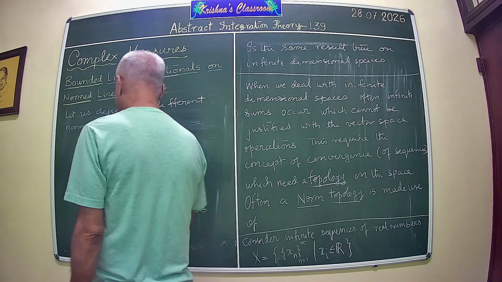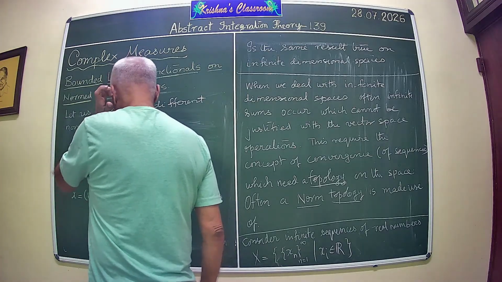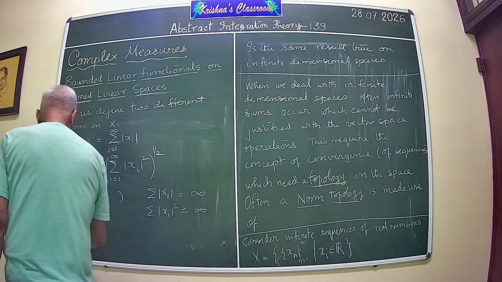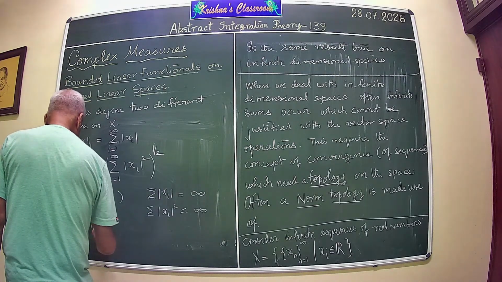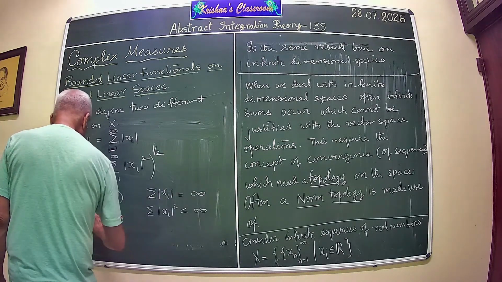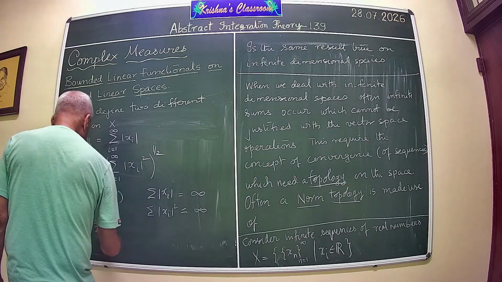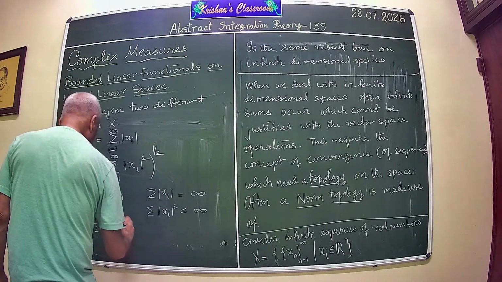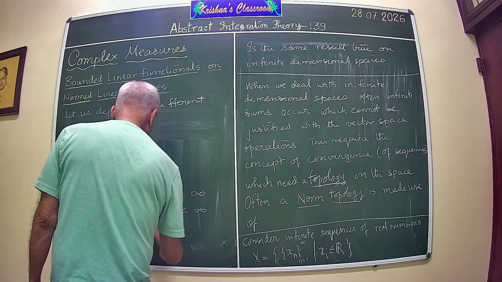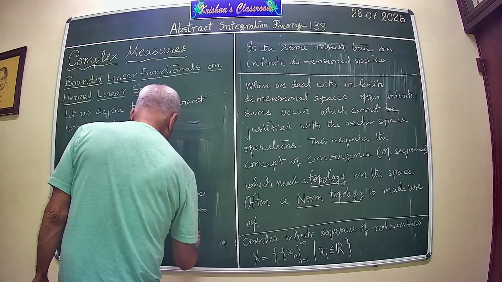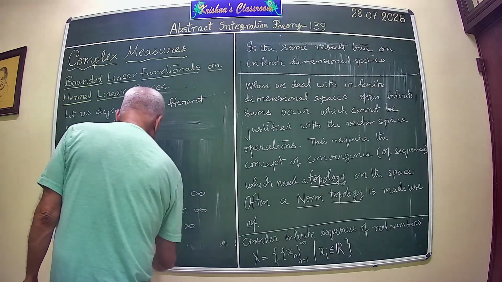Whereas now you take another element y which is equal to 1, 1 by 2, and so on, then you see that sigma of yi is finite, whereas sigma of xi is again infinity.